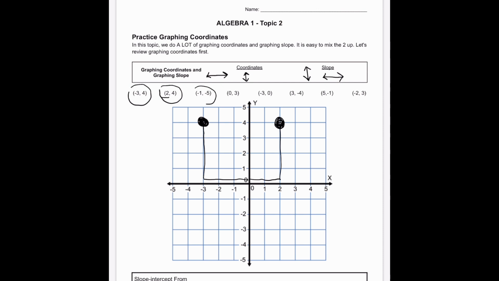For (-1, -5), over -1, down 5, and make a dot. Okay, so opposite of slope, we go left and right first, then up and down. If you want to pause this and do the rest practicing on your own, that is fine.